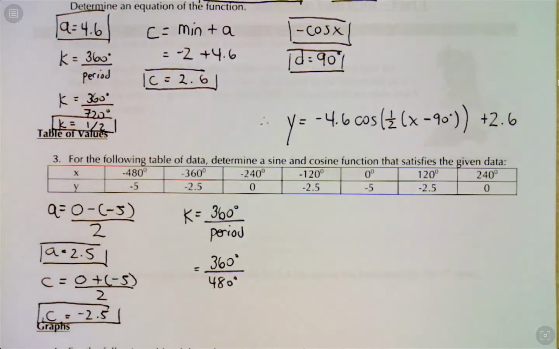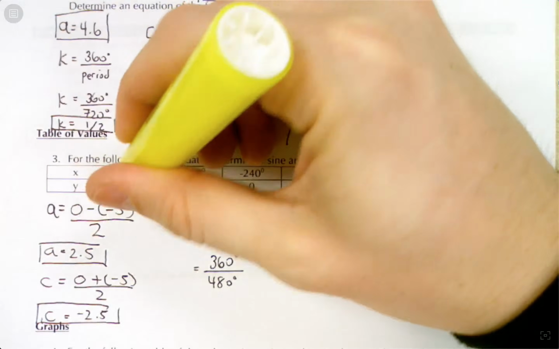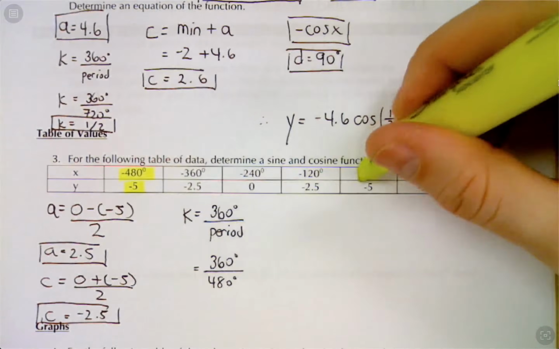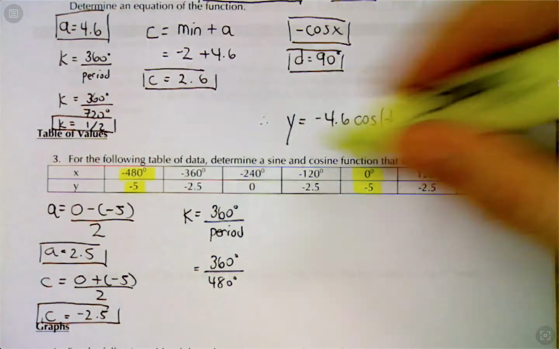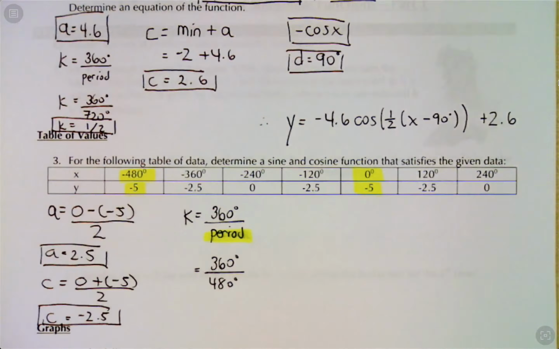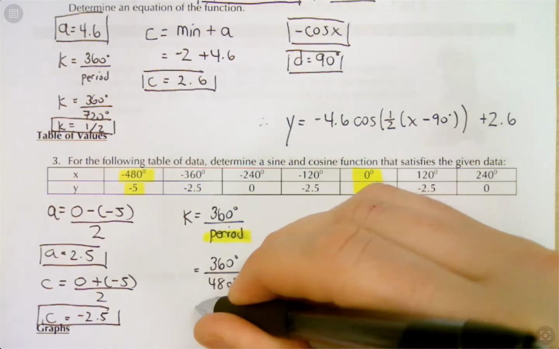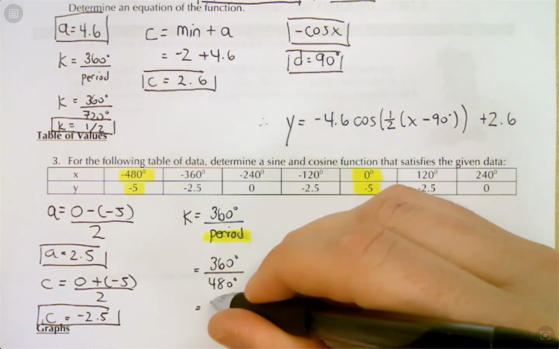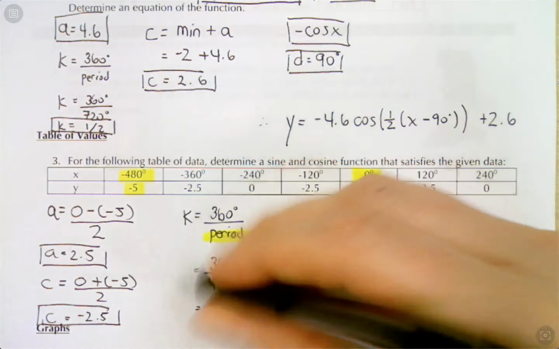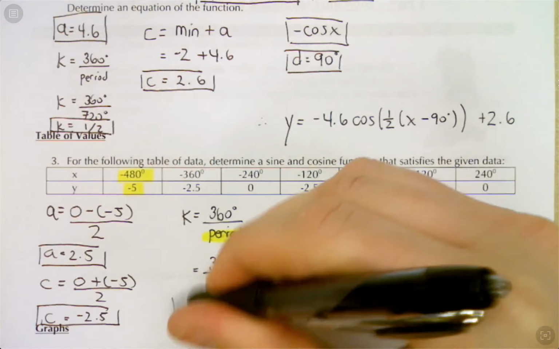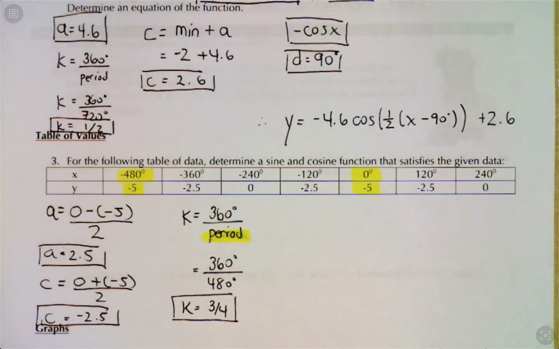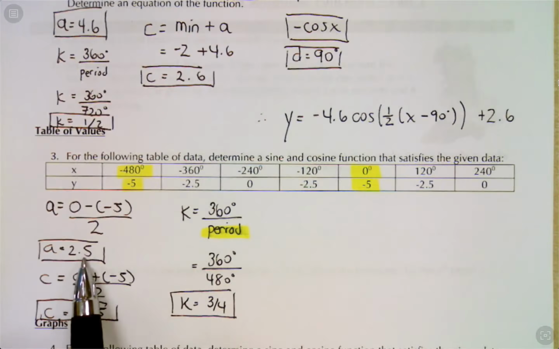That's how we found the period. 360 divided by 480 is 3/4 if you simplify in your calculator. You could use 0.75 if you wish. I like fractions for K, but regardless, I'm going to keep it as a fraction.